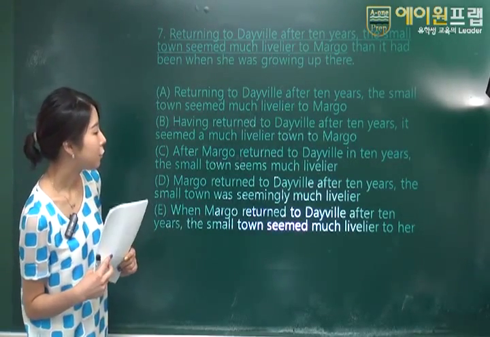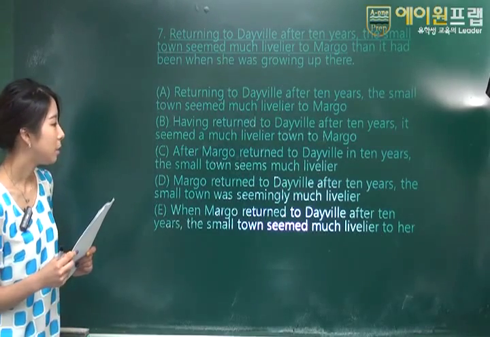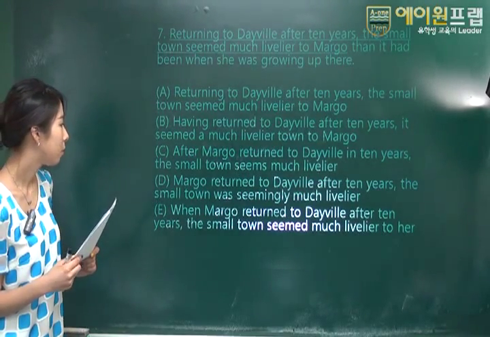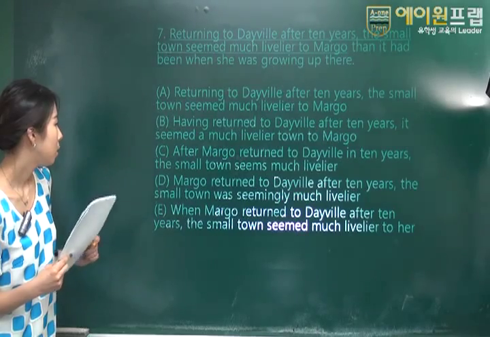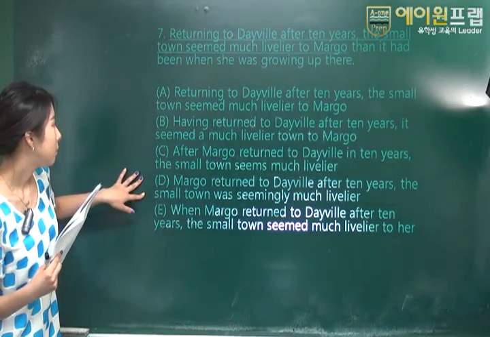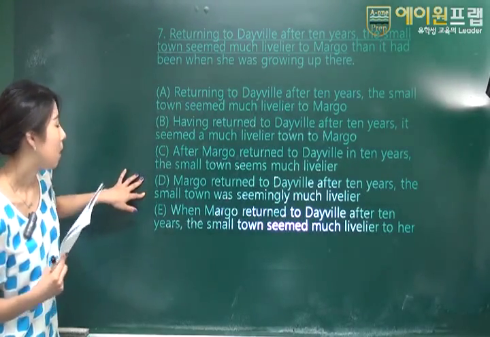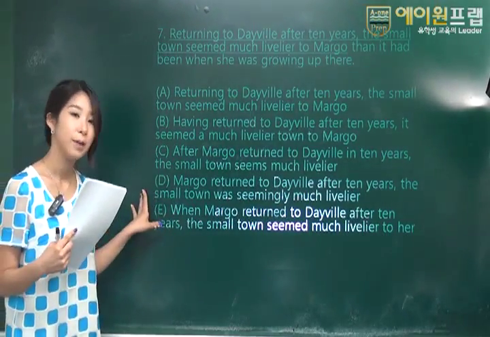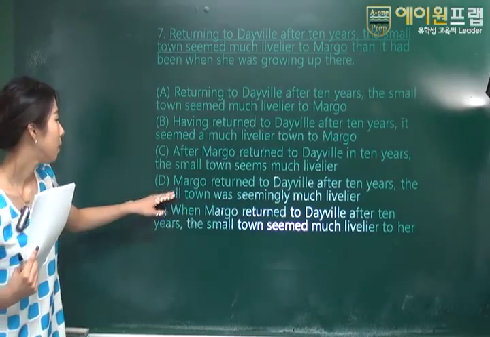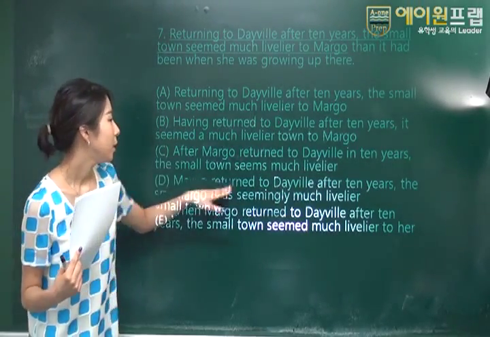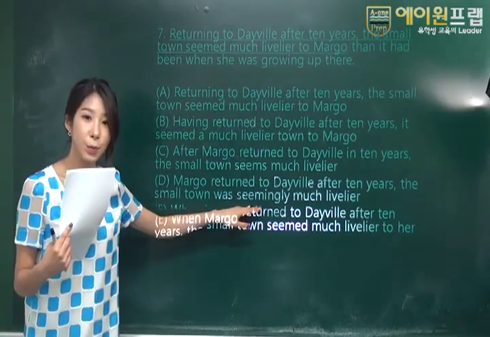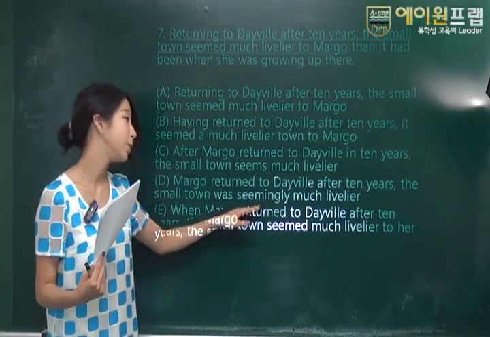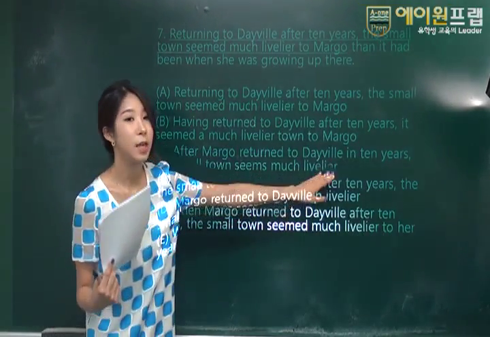Margot returned to Dayville after 10 years. The small town was seemingly much livelier. Okay. Same issue as the last question that we solved. It's not a fragment, it's when two sentences are connected without a correct transition word. Margot returned to Dayville after 10 years.